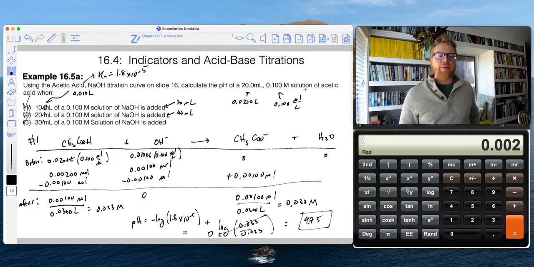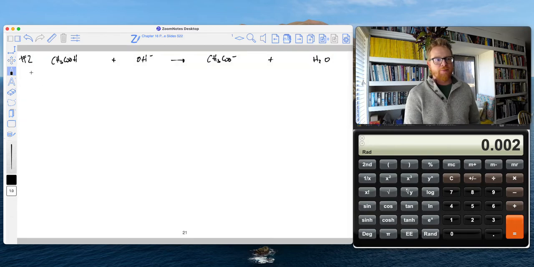Because in this calculation number 2, we can assume we're just starting with a fresh solution, automatically I know that there's 0.002 moles. It's the same number right there. So instead of writing that calculation down twice, I'll just say I know that I'm starting with 0.002 moles here.